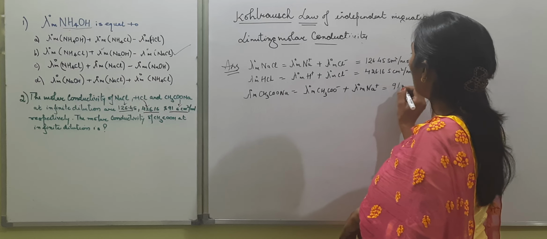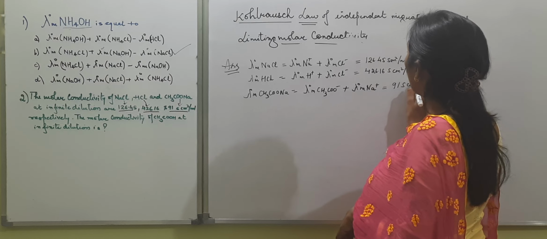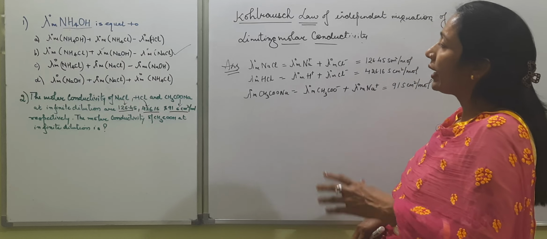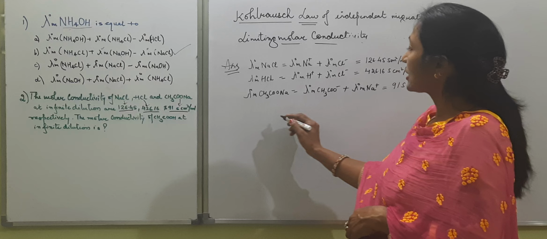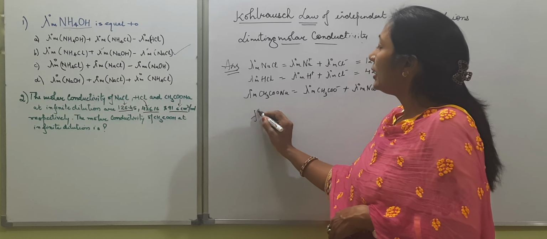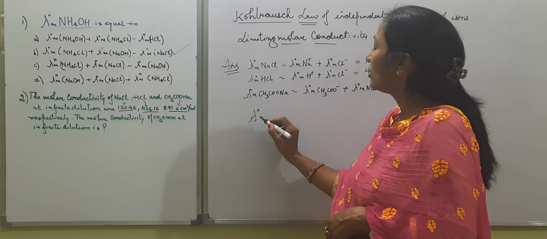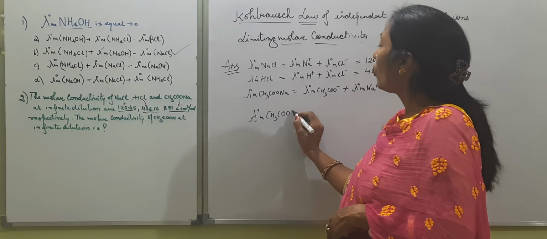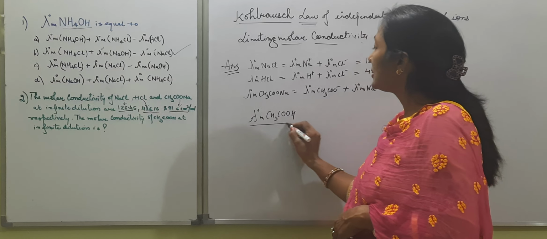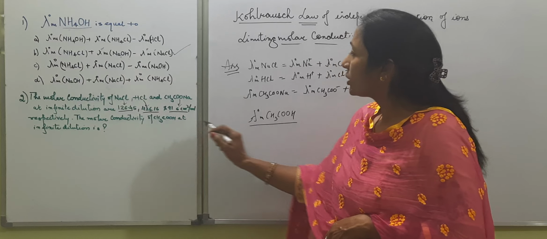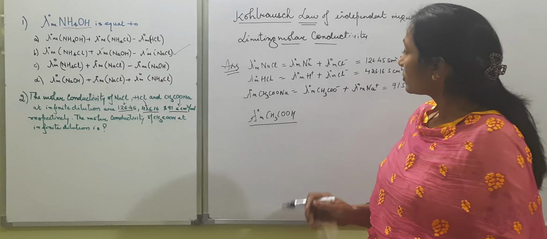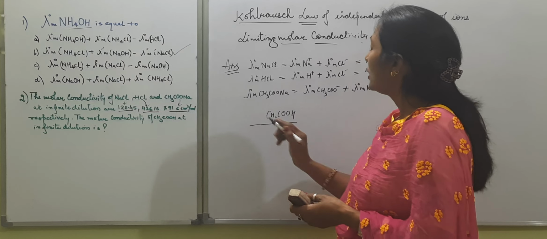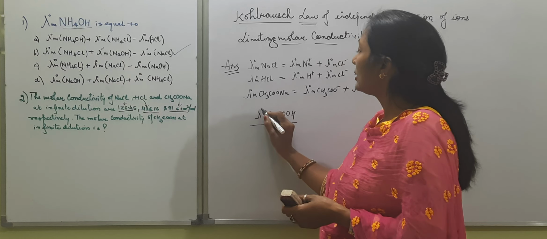That is 91 Siemens centimeter square per mole. So these are the values given here, and we have to find out the limiting molar conductivity of CH3COOH. We have to find out acetic acid. So let me write the lambda properly.